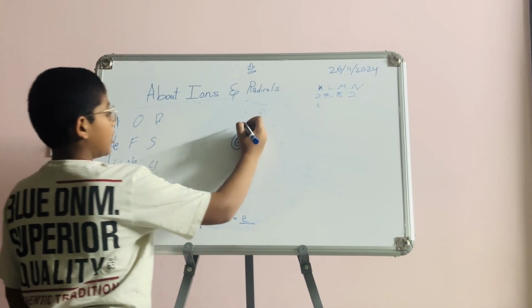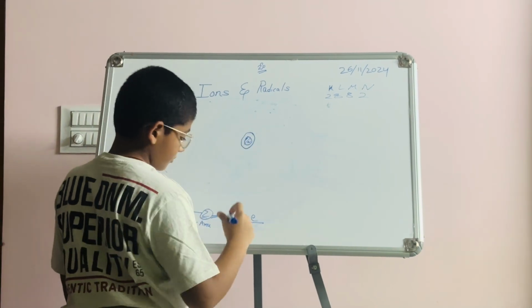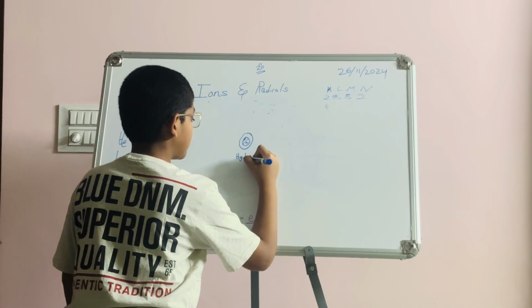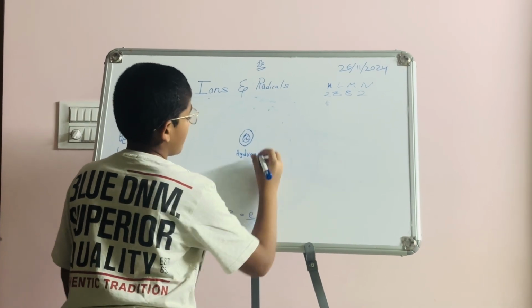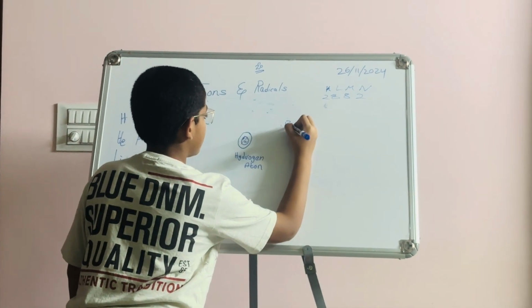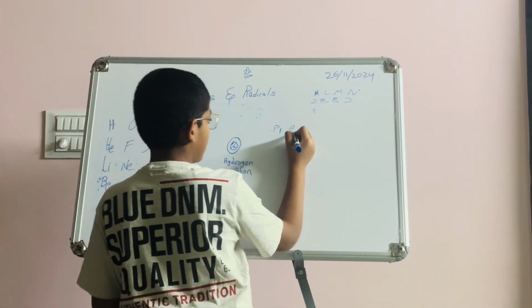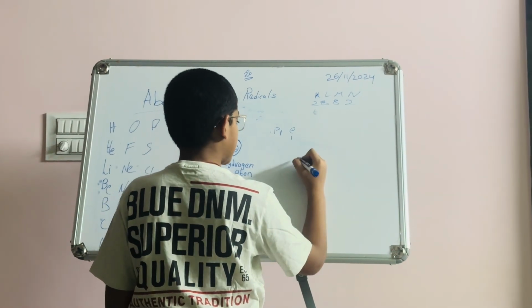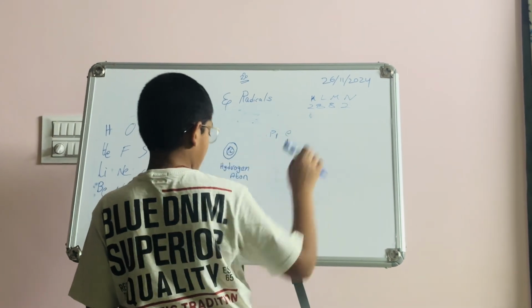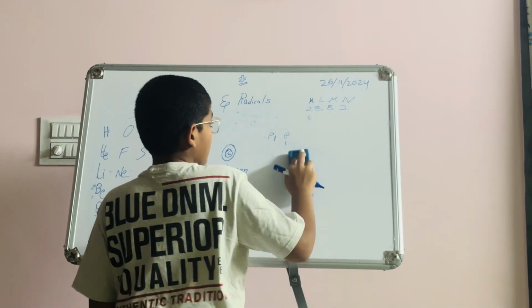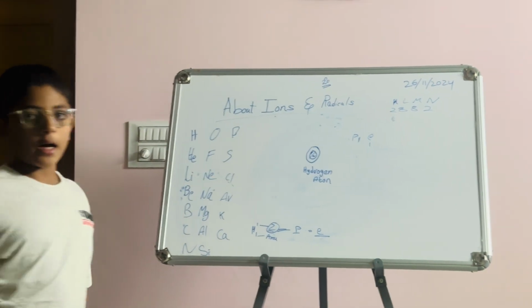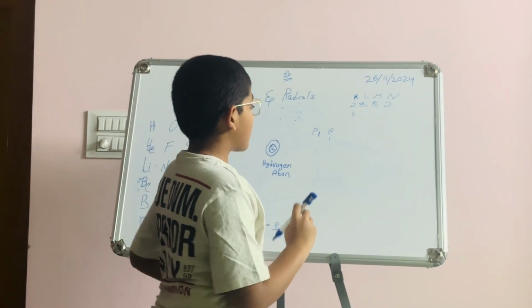So in this hydrogen atom, we have 1 proton and 1 electron. We consider this K shell as the electron distribution.